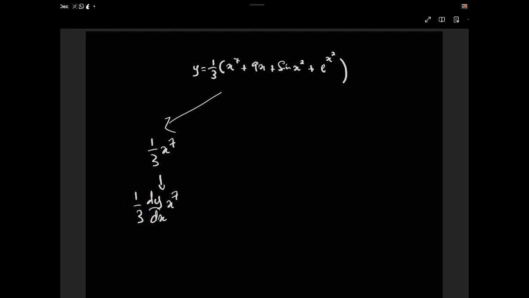So it is actually quite meaningless. Instead of starting with multiplying the constant in, we can just ignore the constant, differentiate everything inside the bracket, and multiply with the constant at the end.